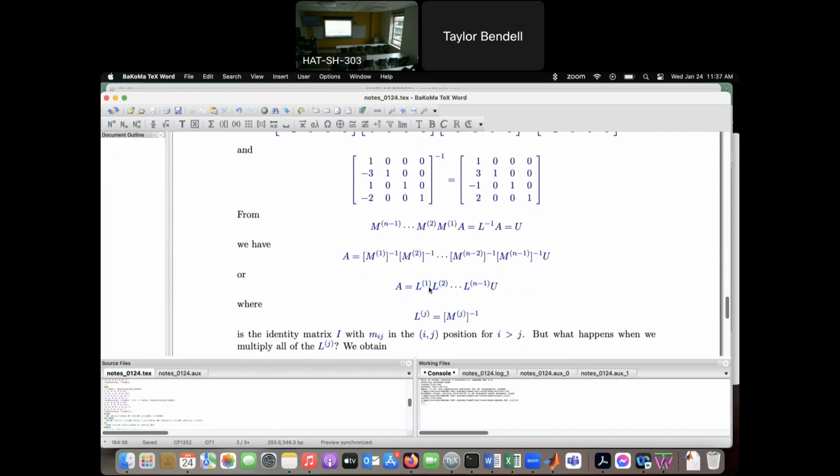Now, all of these L's, we know what they look like. They look like this. So, as part of this example, I can identify the matrix on the left as the inverse of M1.